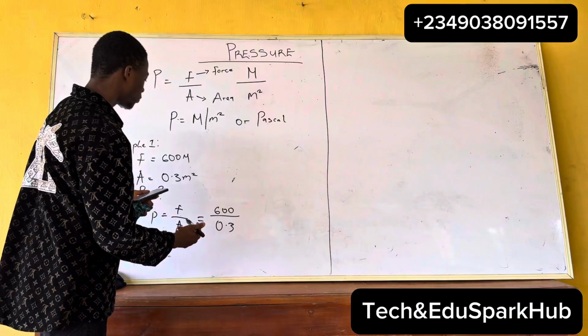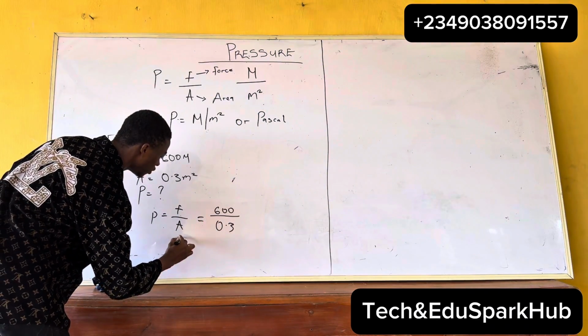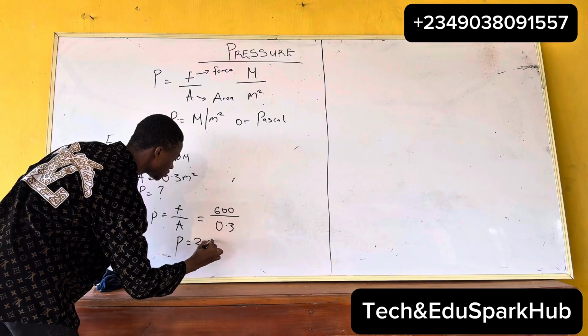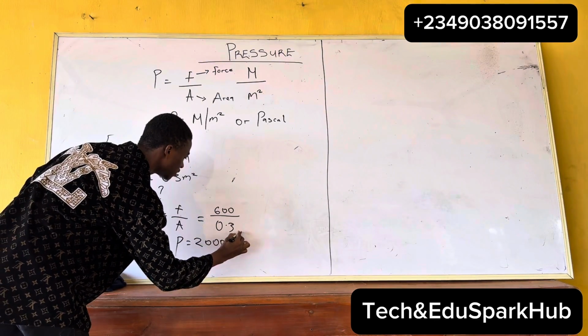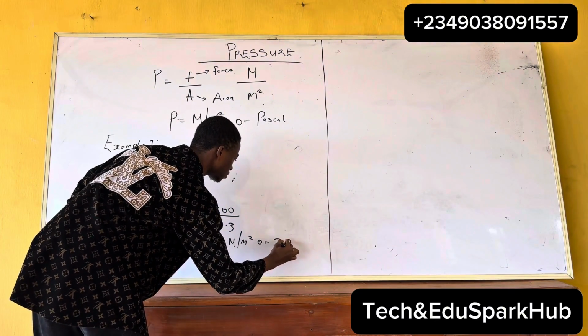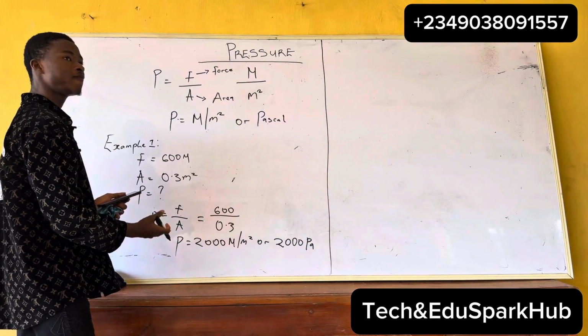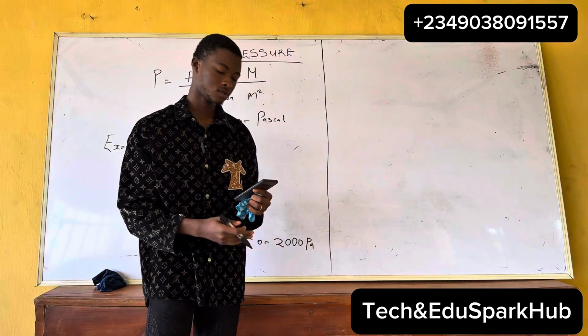When you press 600 divided by 0.3 in your calculator, you should have P to be 2000 Newton per meter square or 2000 Pascal. Either one of the two is the correct answer to this type of question.